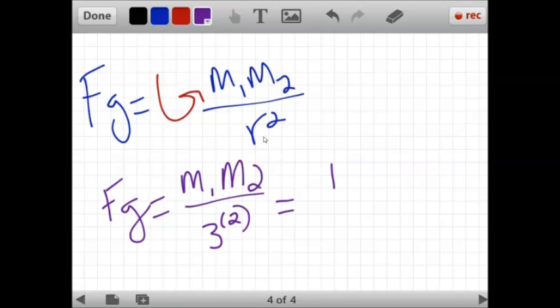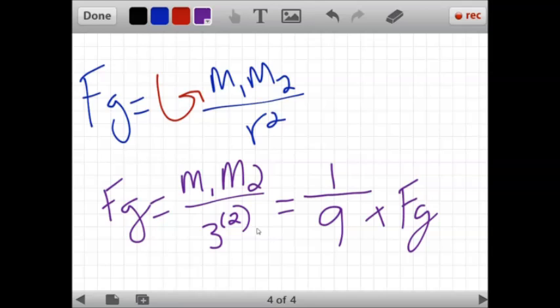We'll make it 1 because that's the easiest, over 3 squared, which is 9. So when I triple the radius, the force of gravity is multiplied by a factor of 1/9, or it gets 1/9 as big as it was previously. I tripled it, and the reason that it's not 1/3 is because of this squared here. It makes a big difference.